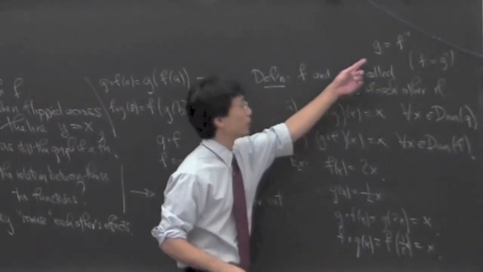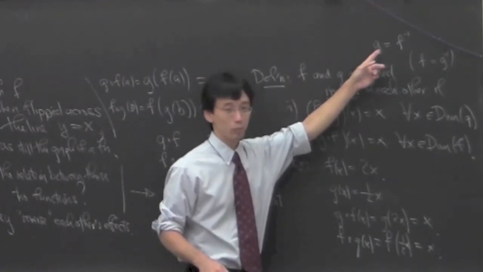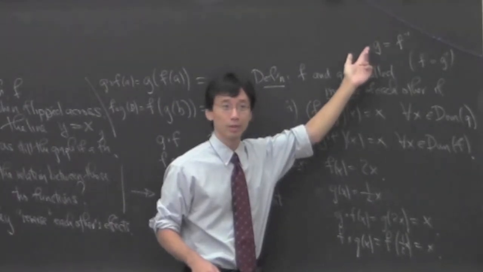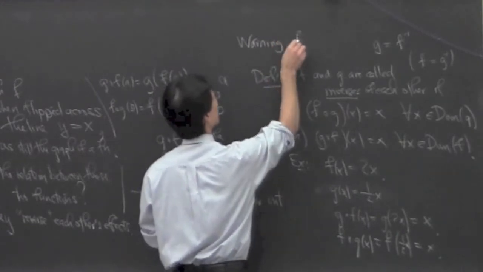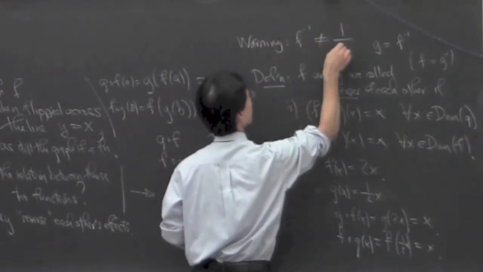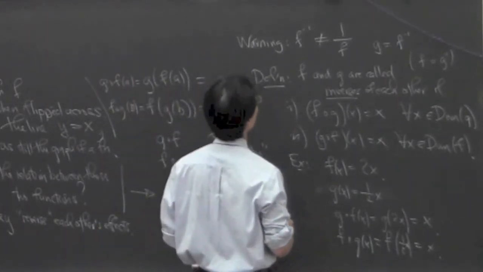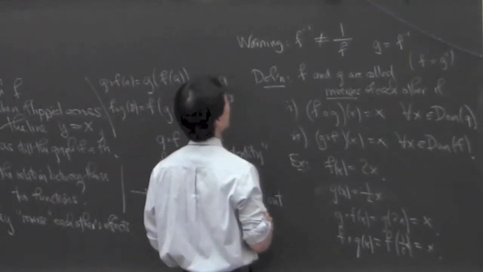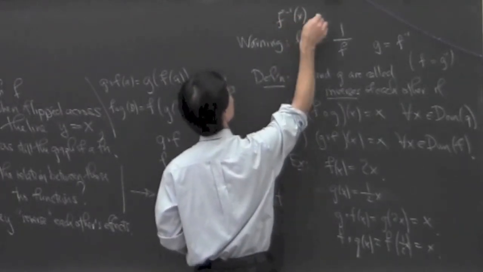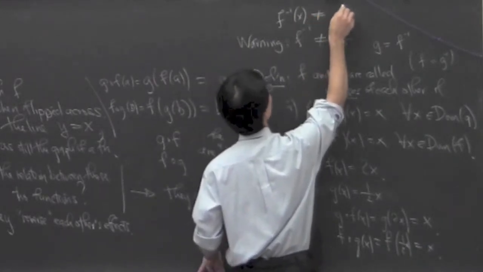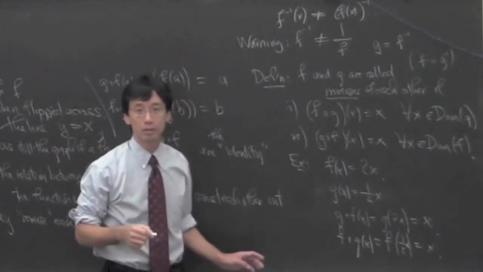The standard thing to watch out for is that this is not the same thing as 1 over f. Warning: f inverse is not the same thing as 1 over f. f inverse of x is not the same thing as f of x to the negative 1.